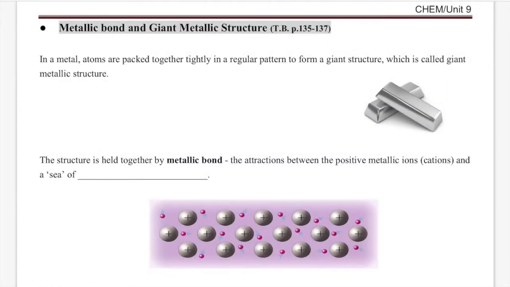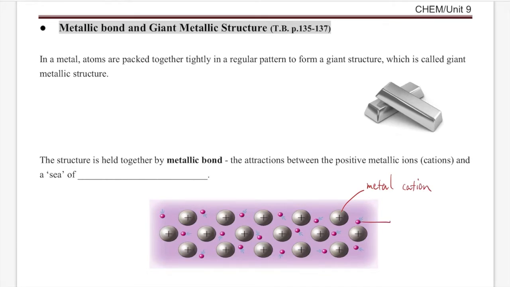For students taking the AC or IFI courses, you will be required to draw these diagrams in the final exam. So besides drawing the cations and electrons, make sure you also label them. This represents the metal cation. In the small circle, usually we put a negative charge.